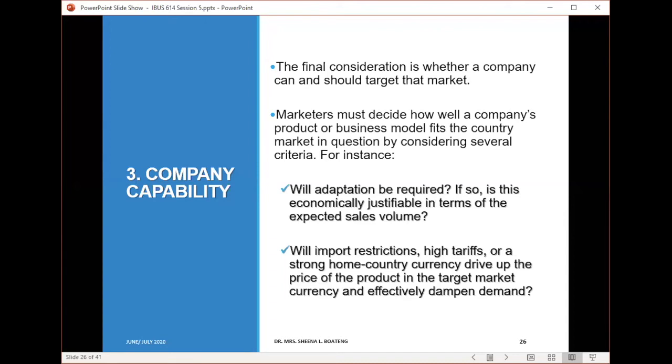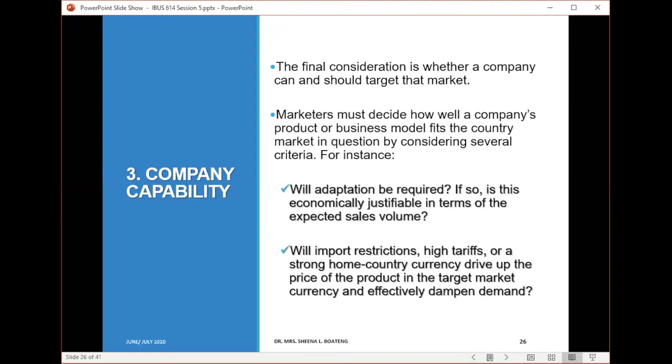Because depending on the value of the home currency and how we peg the price of the product, it may or may not dampen the demand for the product in the foreign market that we are trying to enter into. So these are two main criteria that marketers need to ask themselves when it comes to company capability.